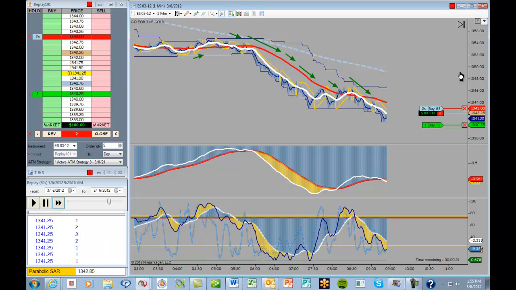I'm trading almost exclusively from the moving averages, especially the curvature on the white.